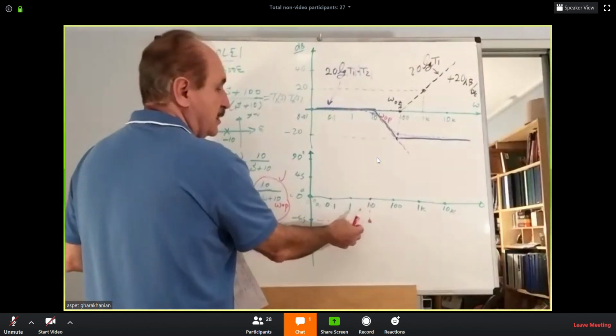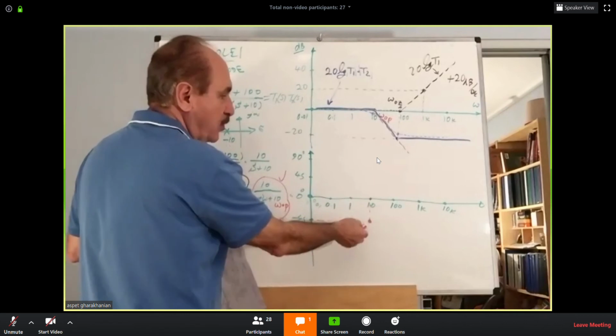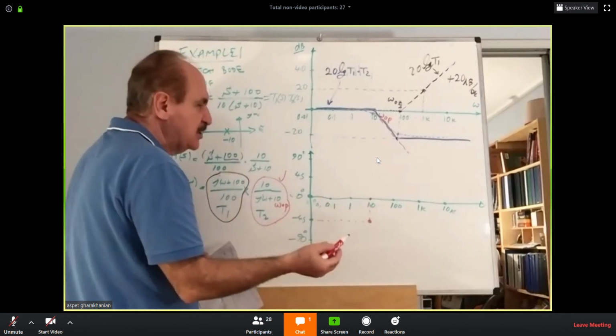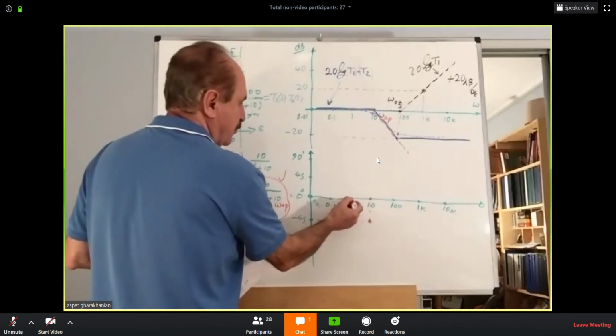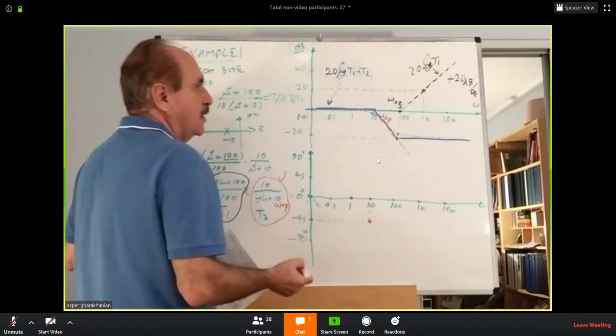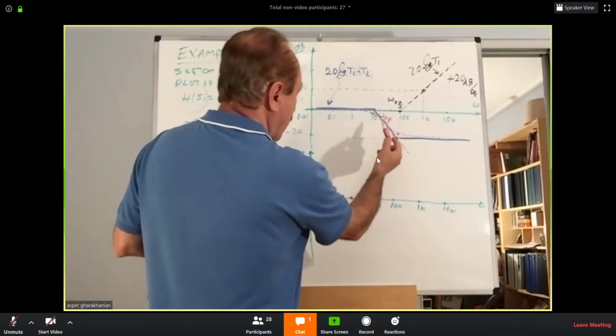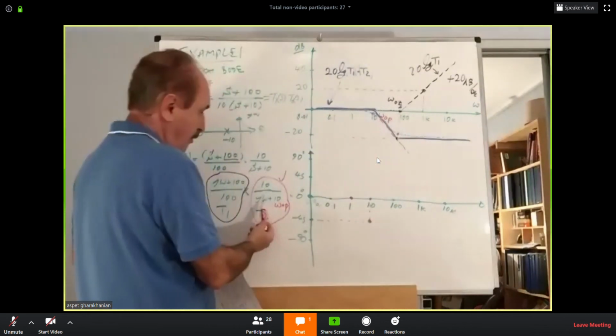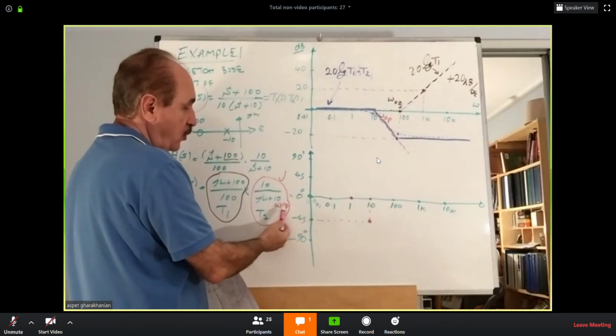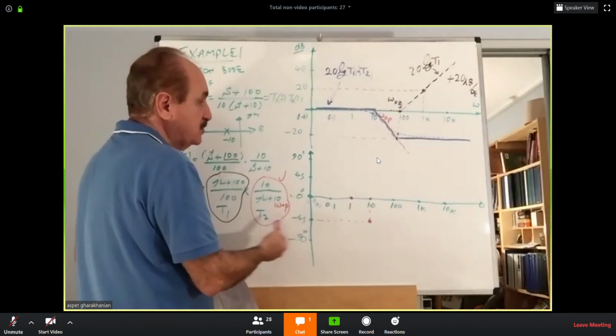We know that at 1/10 of the pole, the phase angle is negligible, like 5 degrees. So it's like 0 degrees. So we mark this one. For a frequency 10 times over the natural frequency omega O pole, it's going to be almost like 90 degrees.